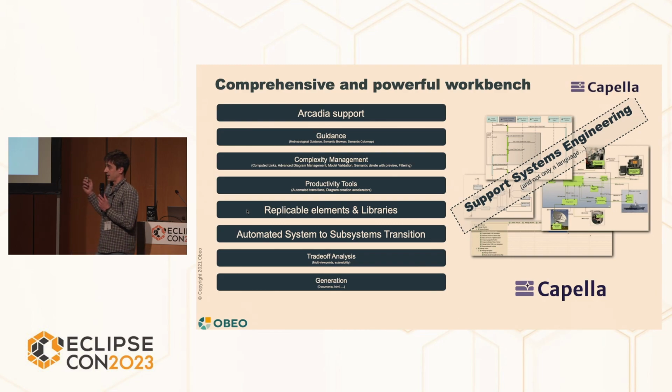So Capella was really designed to have a lot of modeling accelerators that you see here. Coupling with the method, as I said, replicable elements to make libraries of model parts that you can reuse, and a couple of things like that, that make it really easy to use and that really support the modeling activities.